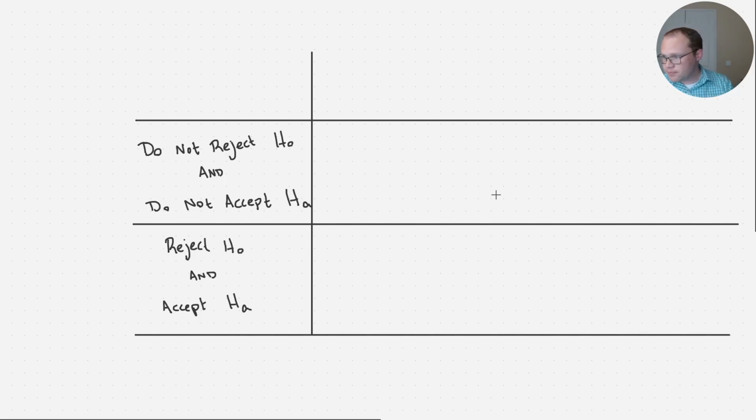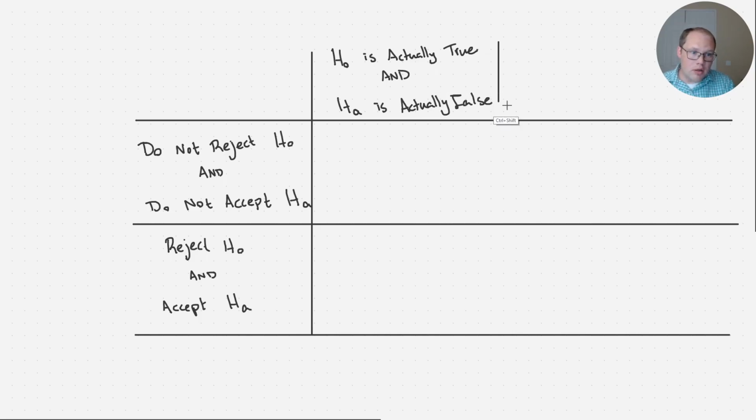It could be that the null hypothesis is actually true and the alternative hypothesis is actually false. Or it could be that the null hypothesis is actually false, and the alternative hypothesis is actually true.